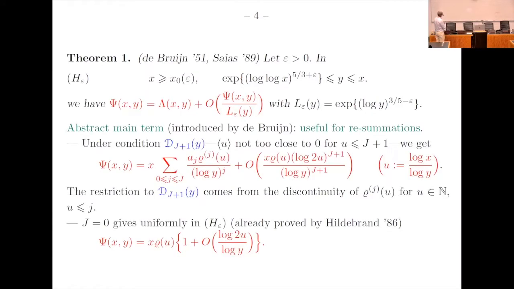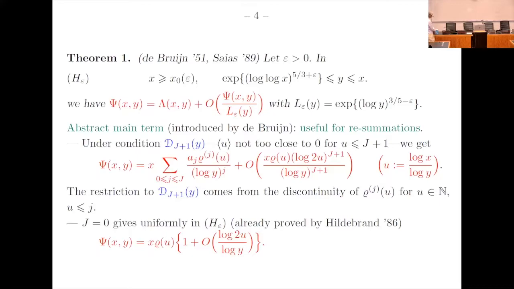So why is it useful? It's useful because lambda of xy is a kind of smooth approximation. So you can do a partial summation and apply it to estimate a lot of summations.